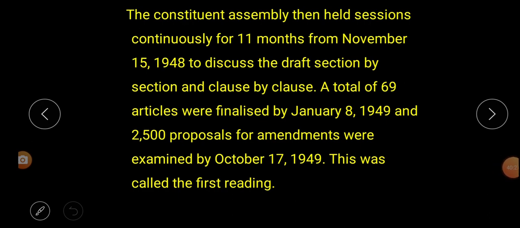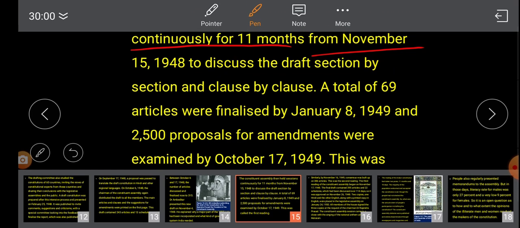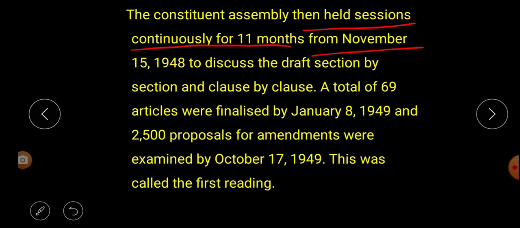Next paragraph. The Constituent Assembly then held sessions continuously for 11 months from November 15, 1948 to discuss the draft section by section and clause by clause. Thereafter what happened? The Constituent Assembly held sessions continuously for how many months? For 11 months.